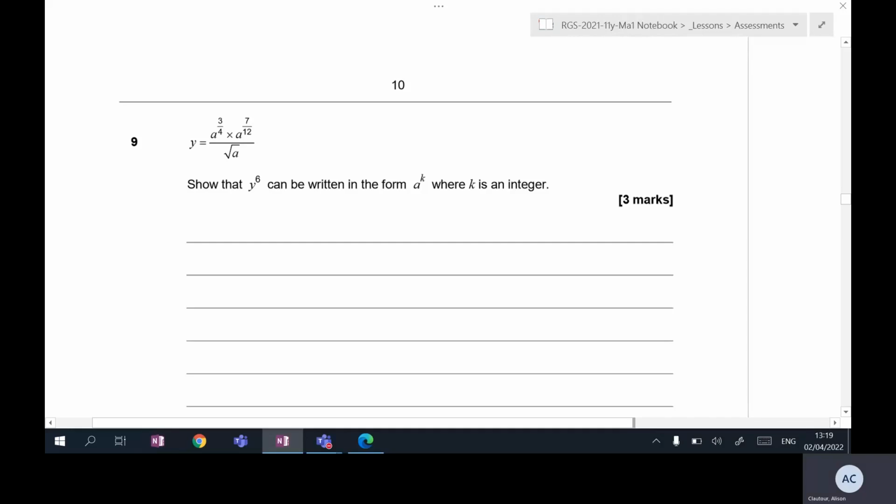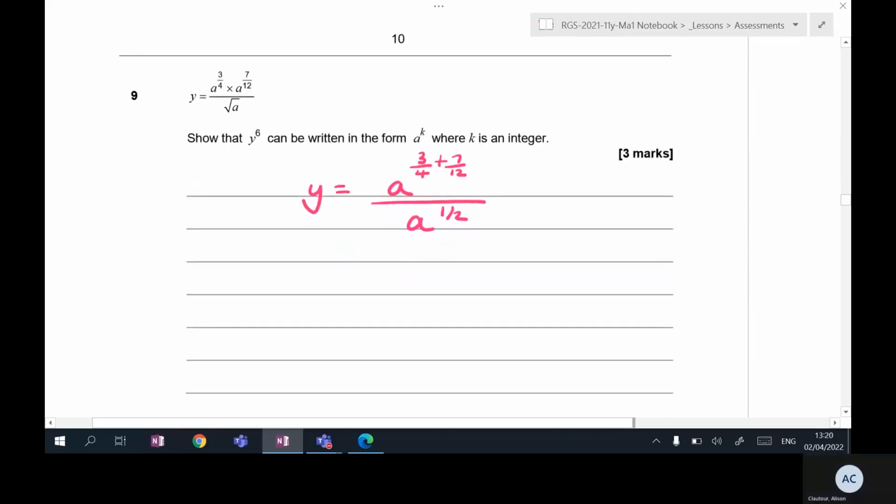Okay, for this question, show that y to the 6 can be written in the form a to the k, where k is an integer. So before we put y to the power of 6, we probably want to sort out the powers a little bit. So when I'm multiplying, I'm going to add the powers. So looking at that numerator, let's add 3/4 and 7/12 together. And then on my denominator, I know that's going to be to the power of a half.